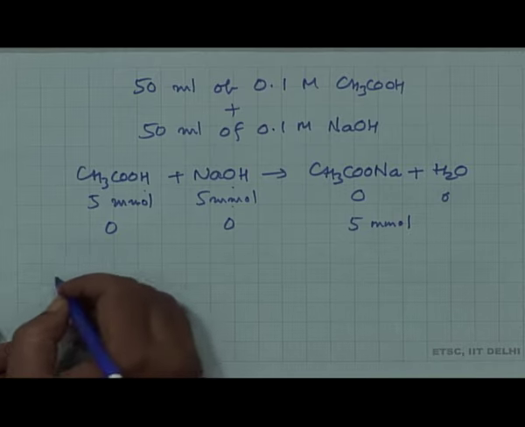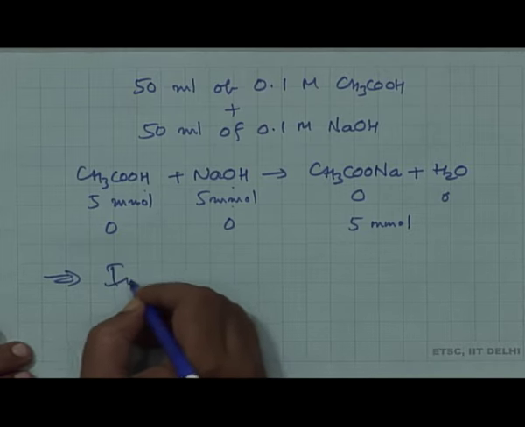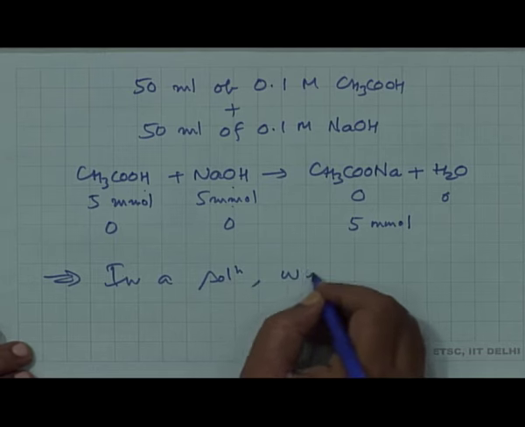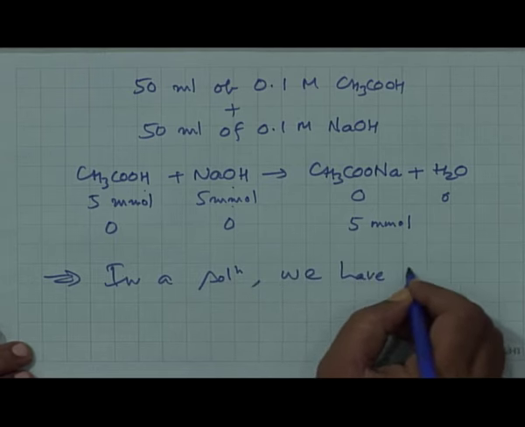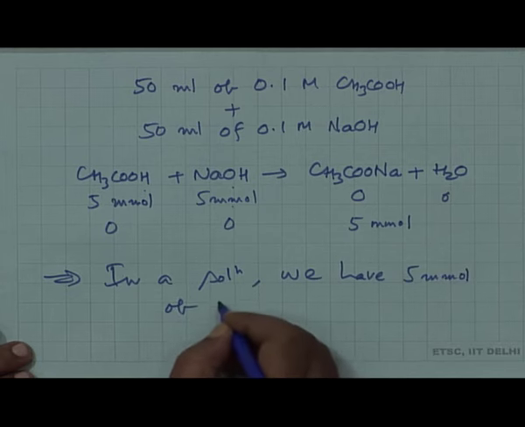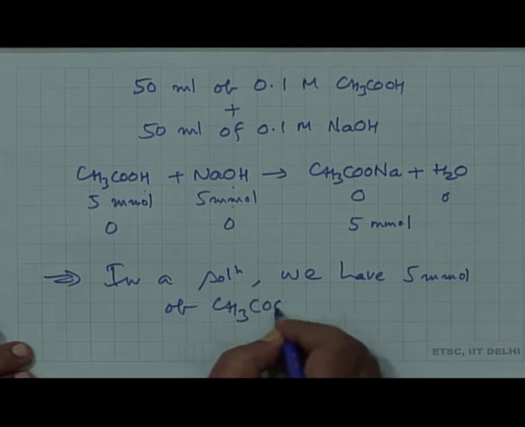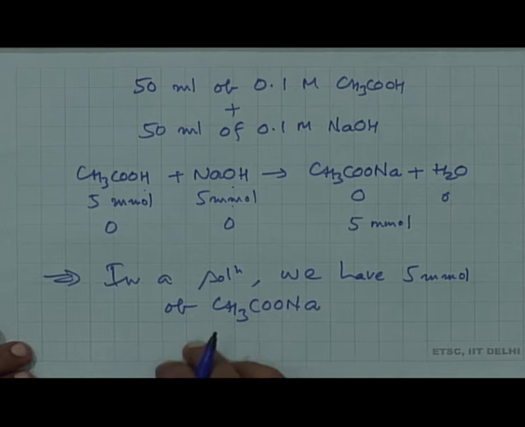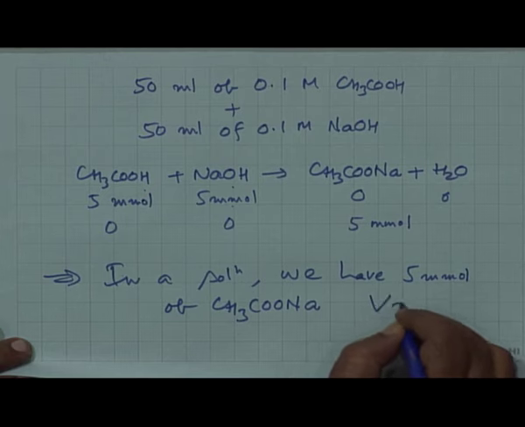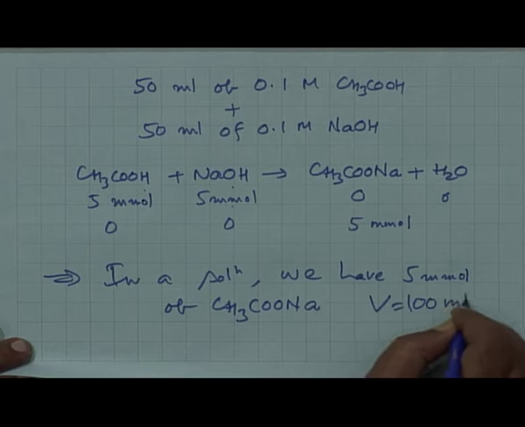So, now in the solution we have 5 millimole of CH3COONa and total volume is equal to 100 ml.